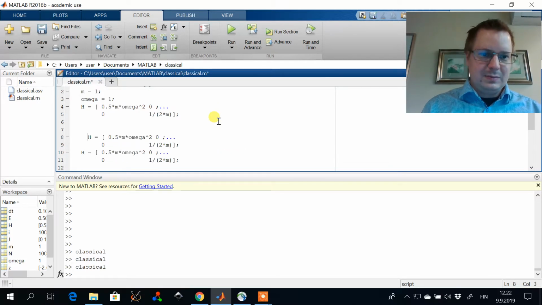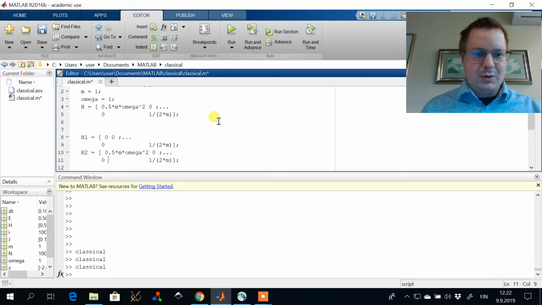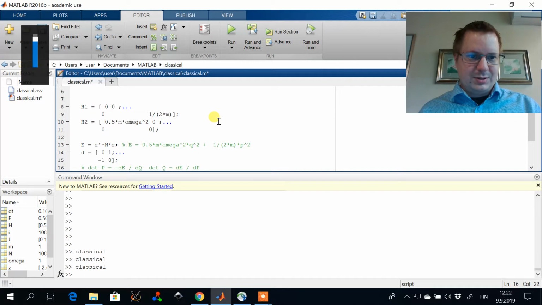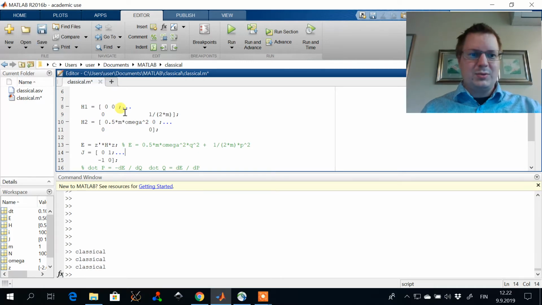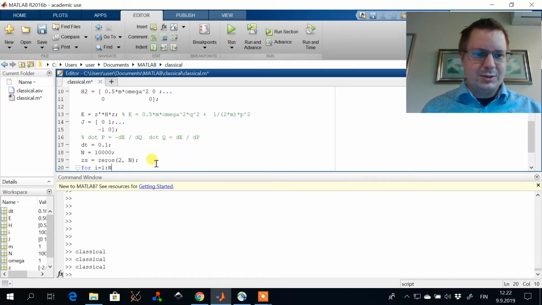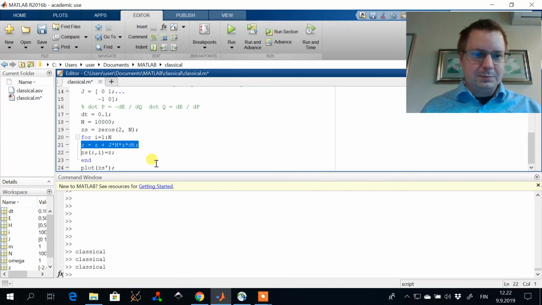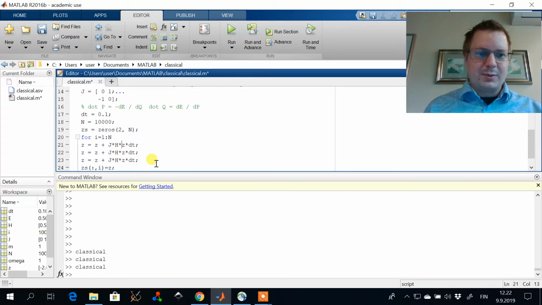and we can then split this Hamiltonian into 2 parts. So first part will have only momentum dependent terms, and the second part will have only potential. So now the sum of H1 and H2 equals H. So now, for example, I can code a propagator where I propagate like this, first with respect to H1.